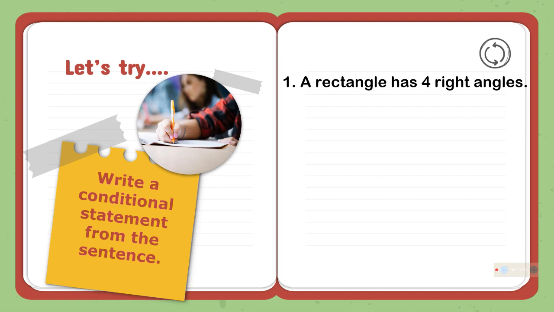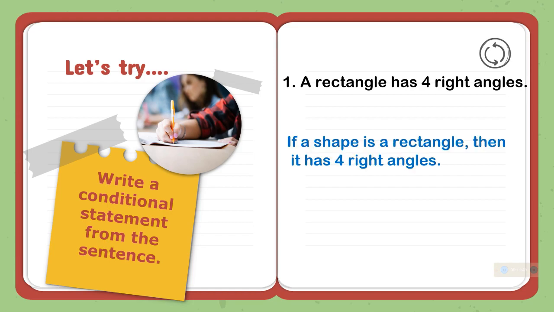Try to give your answer. Okay, our answer should be: if a shape is a rectangle, then it has four right angles.